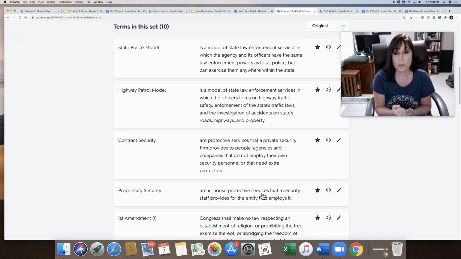So just some examples: Lockheed Martin, GE, Knowles Atomic, Regeneron. These are local companies that hire and employ their own security. That is proprietary. You go to work every day at the same place for the same company. That company is who pays you. Okay? That's proprietary.